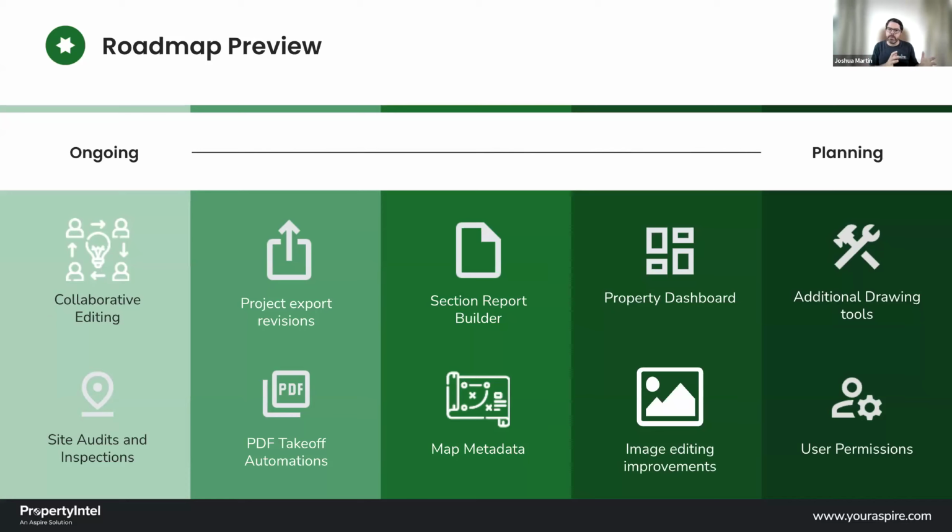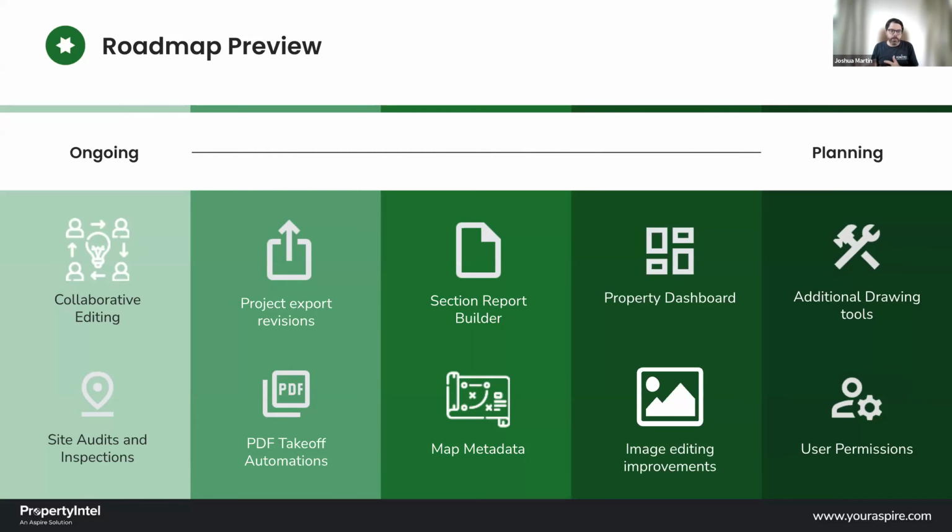So we've got a lot of really good stuff planned there, everything from improving the amount of time it takes you to add items to your list for doing the takeoff from that plant legend, to doing some text search, image search, that type of thing, to be able to do some automations within your takeoff, leveraging AI and some of the models that we have available to us today.